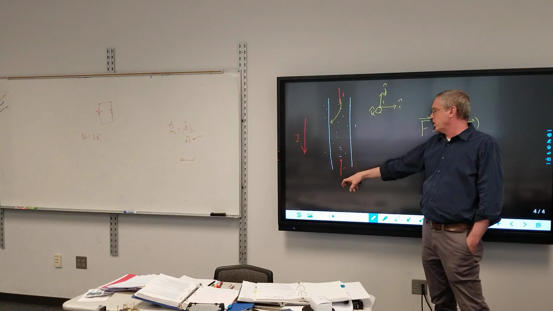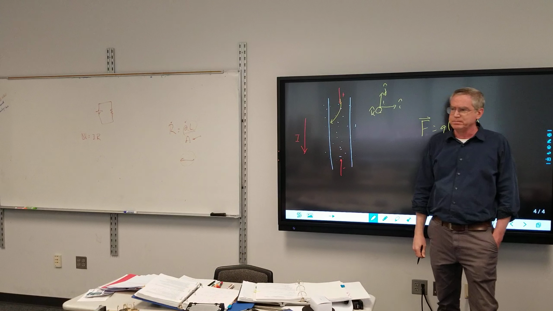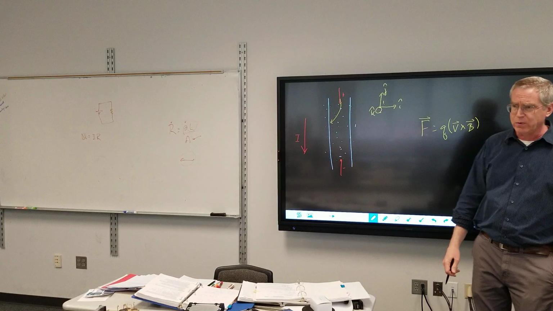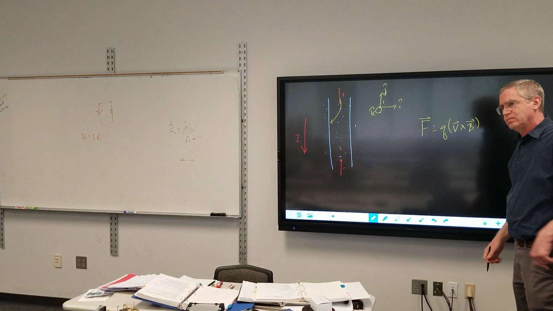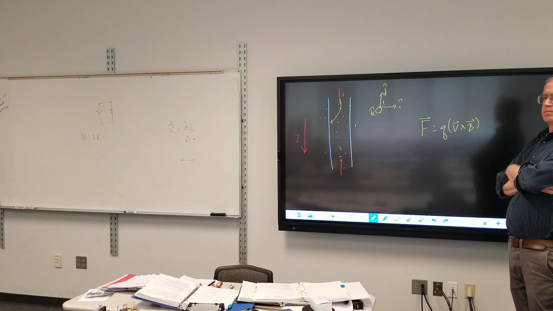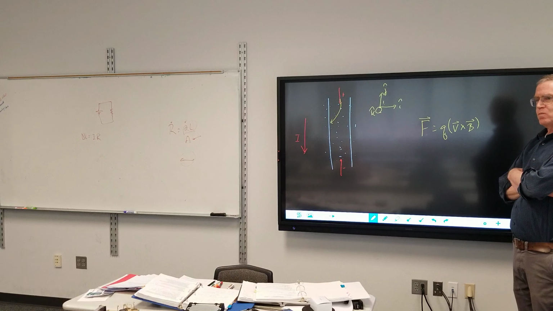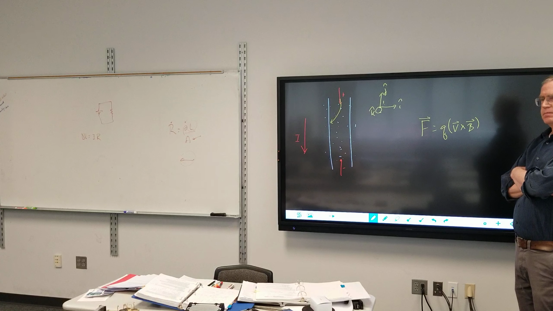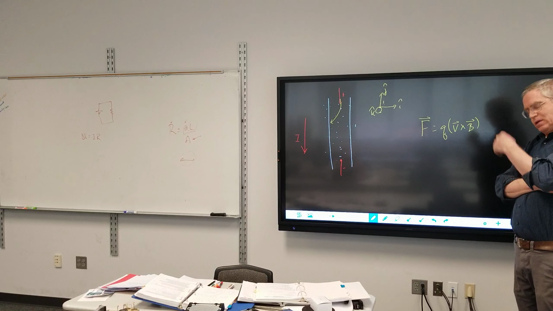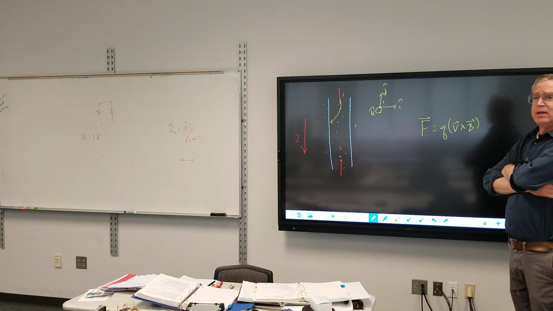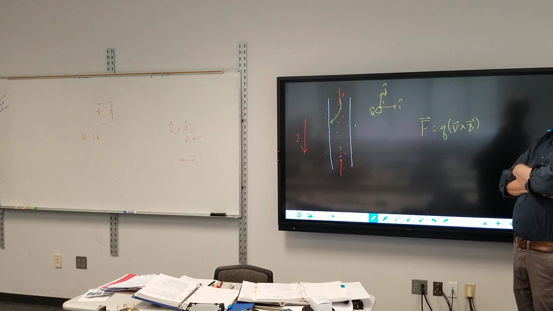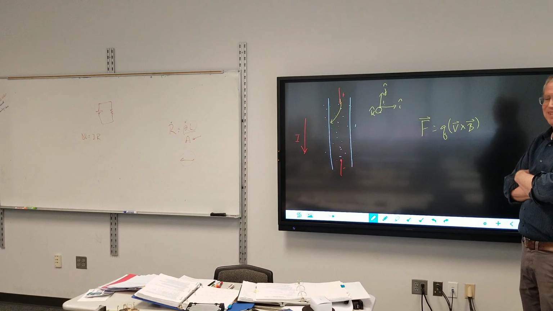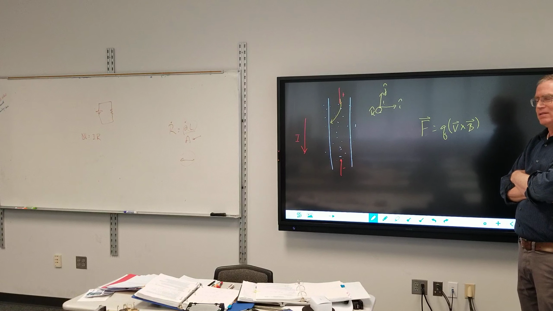Suppose I have a negative charge that's going this way instead. Which way would the negative charge be forced? Towards the right. Why to the right? How'd you get that? Opposite of positive. We can be more sophisticated than that.